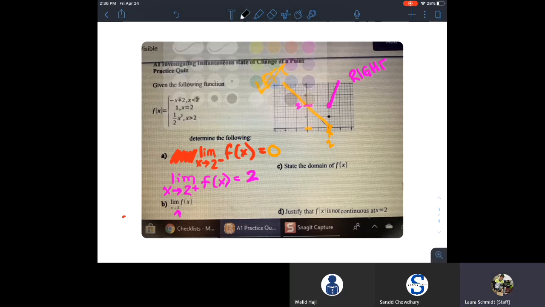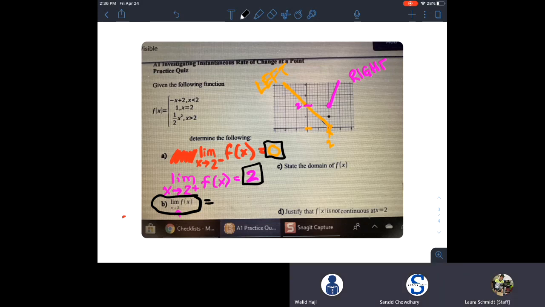So what does it tell you if your left-hand limit is 0 and your right-hand limit is 2? If you had to answer this question, what's the limit as x approaches 2? What would you say? As x approaches 2, probably 1, right?